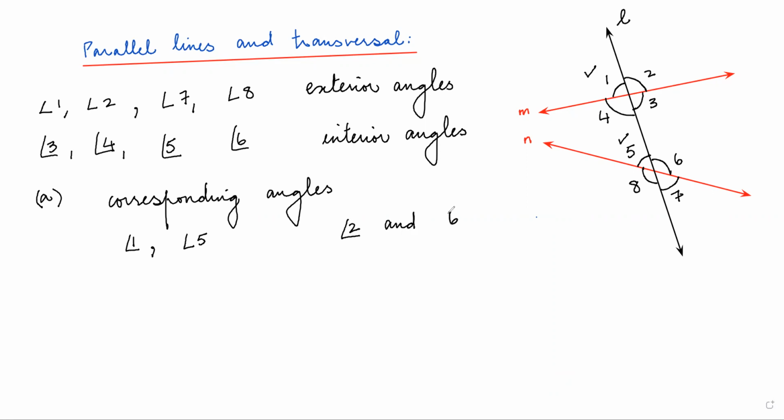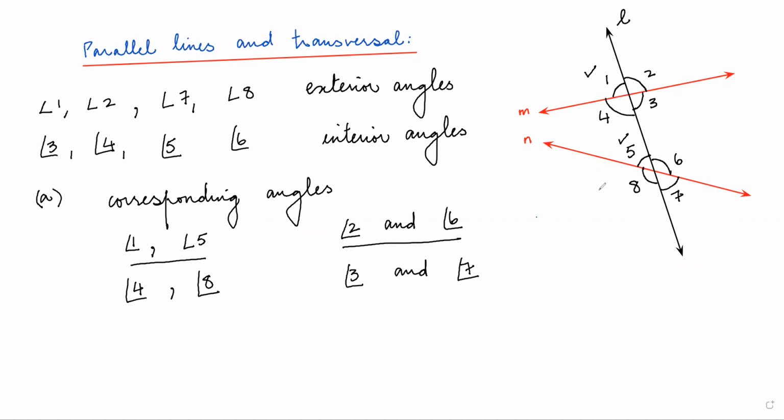There will be 4 pairs. One is this pair. Second pair, what is the third pair? Angle 4 and angle 8 are also corresponding. Similarly, angle 3 and angle 7 are also corresponding angles.